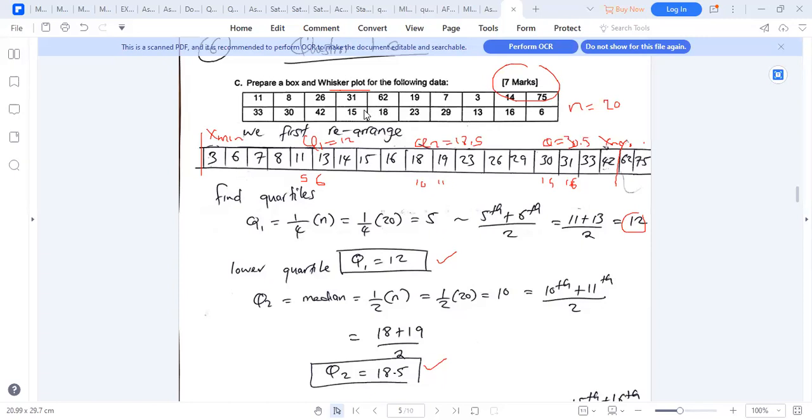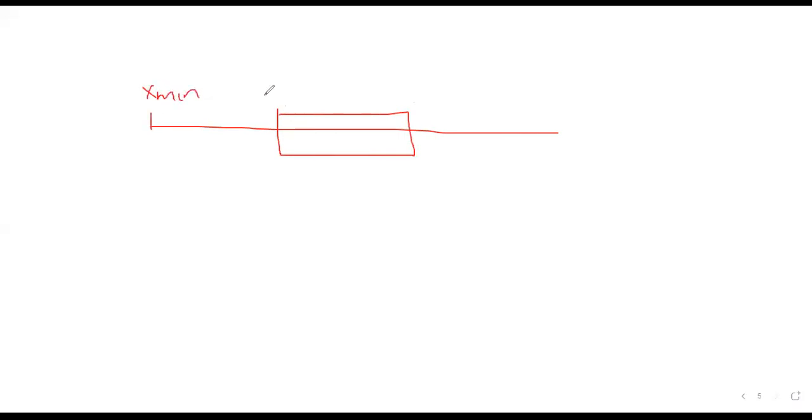So you need to draw this to scale. And our five-point box and whisker plot should have five things: the minimum value of X, Q1, Q2, Q3, and we also have the maximum value of X. So what is our Q1?